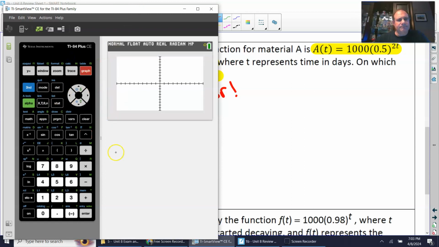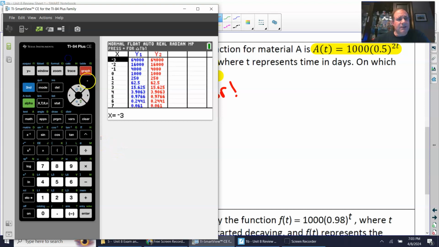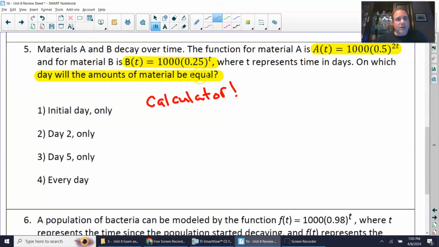We're going to graph them, and that graph looks exactly the same. So we can see that all of the days represent the same, that they are the same. Which day will the amounts of material be equal? Every day. All values are equal every day.